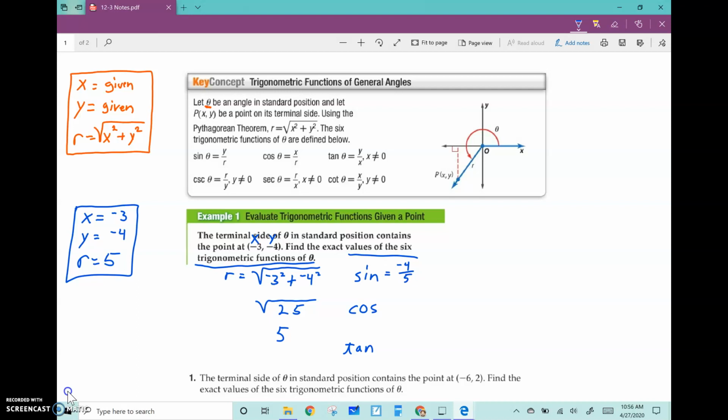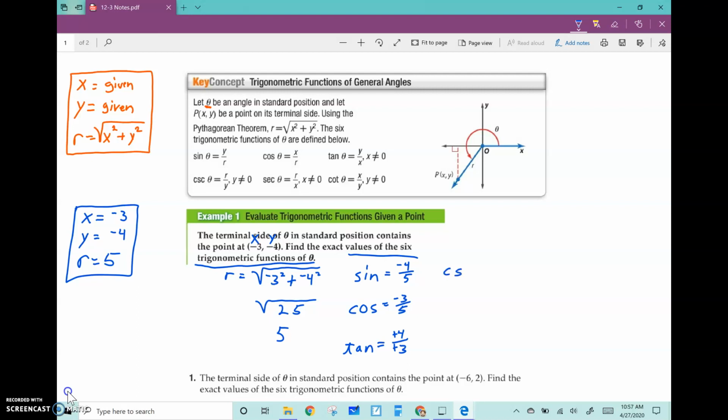So cosine is -3 over 5. Tangent is going to be y over x. So we've got -4 over -3. And two negatives in a fraction are going to become positive. So we have 4 over 3.